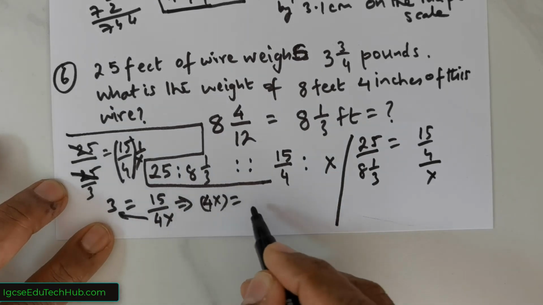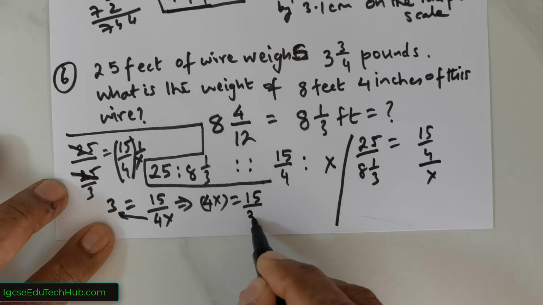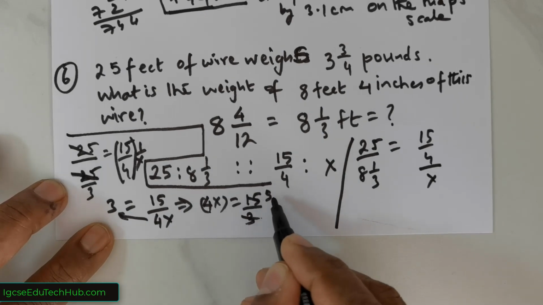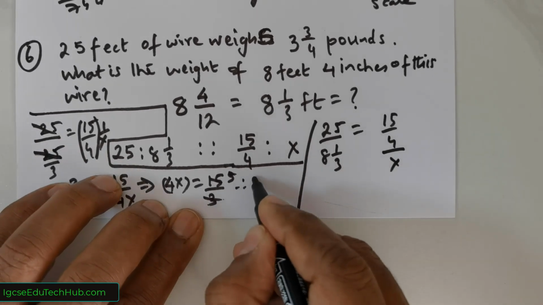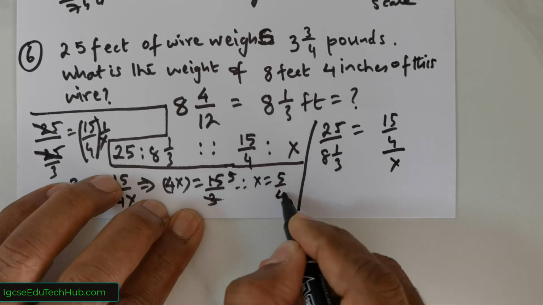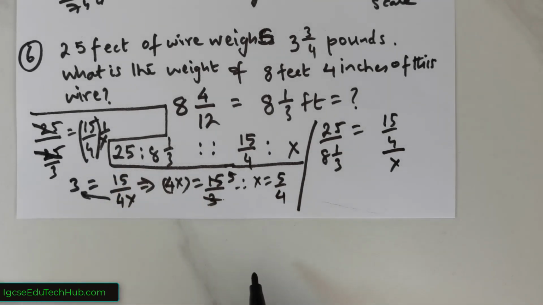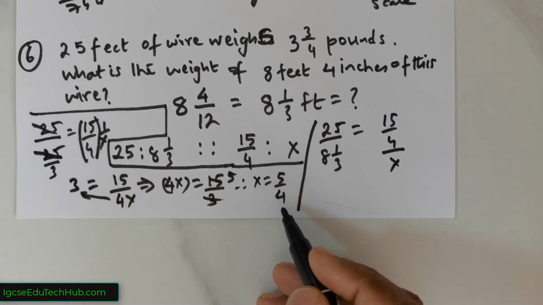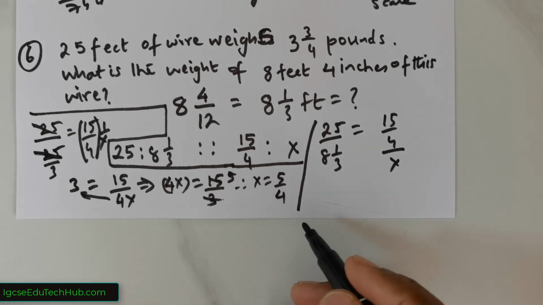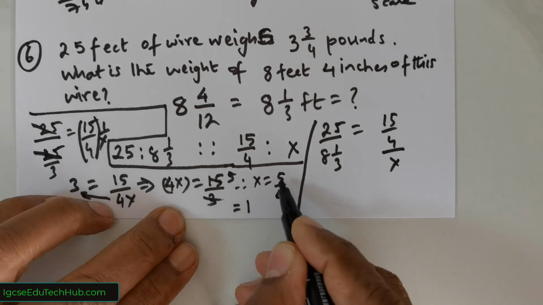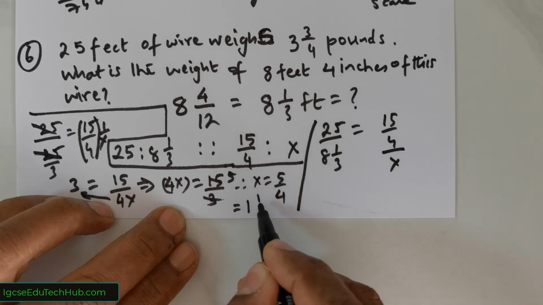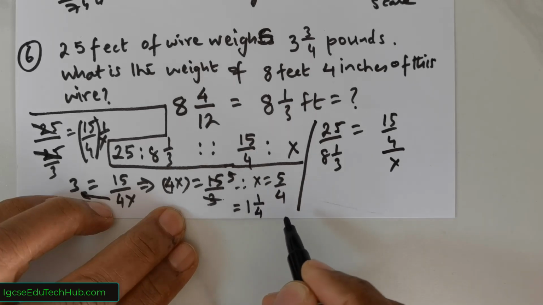So 4x is equal to 15 divided by 3. So 3 divides here 5 times. Now you need to know x. So therefore x is equal to 5 over 4. If you divide 5 by 4, what do you get? You would get a value of 1, right? 4 divides 5 one time. Remainder is 1 and the divisor is 4.